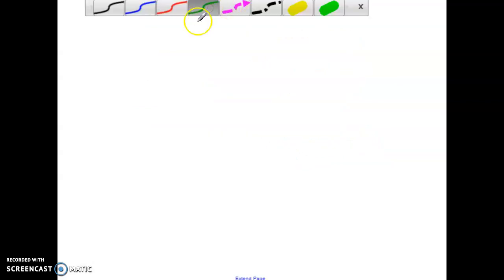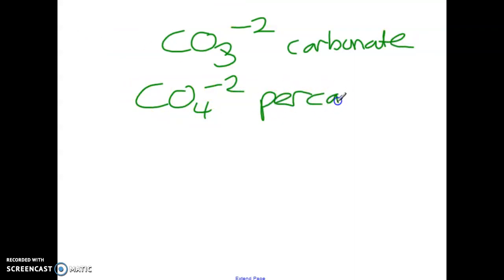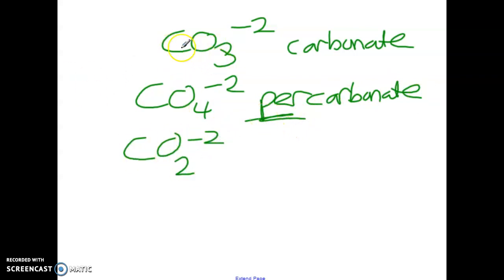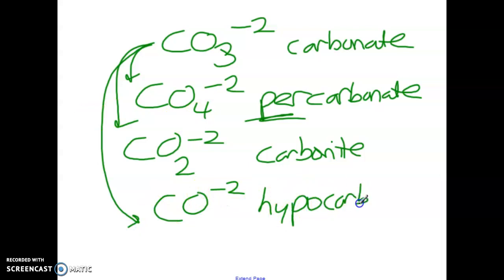So let's recap that. When you have a polyatomic ion, remember there are different variations you can have. This is carbonate, but we can add on an extra oxygen and make it percarbonate. We can remove an oxygen from the original, and we're always talking about from the original, right? This is going to be carbonite. And then we can remove 2 to make it just CO, to make it hypocarbonite.